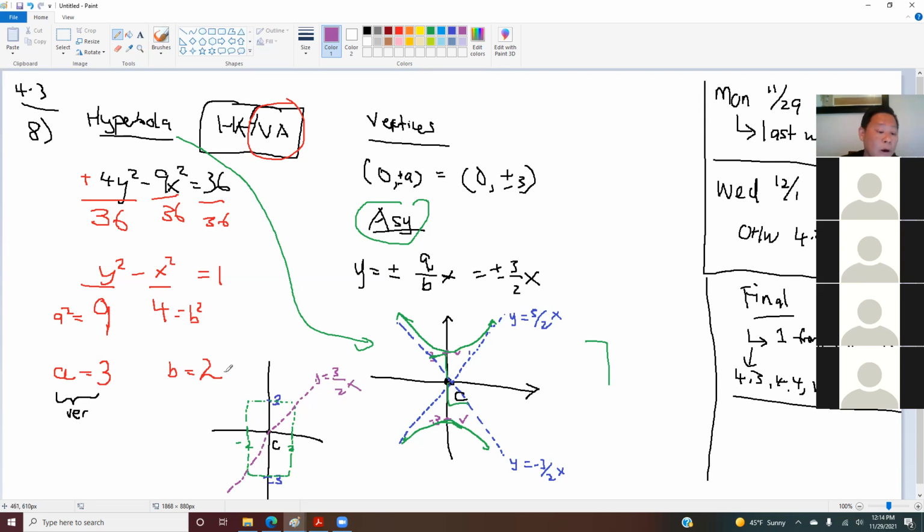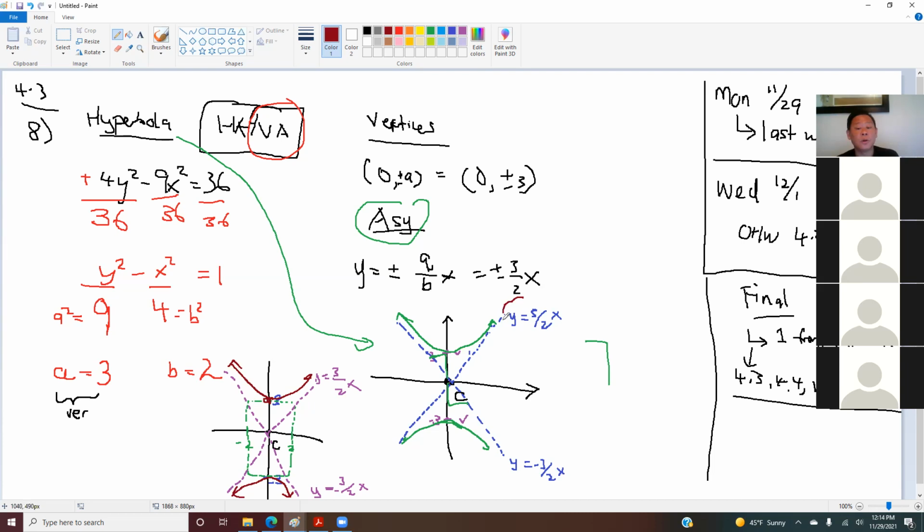And then you go the other way from one end of the box to the other end, passing through your center. This will be negative 3 over 2x. And your graph will be passing through the vertices 0, 3 and 0, negative 3.